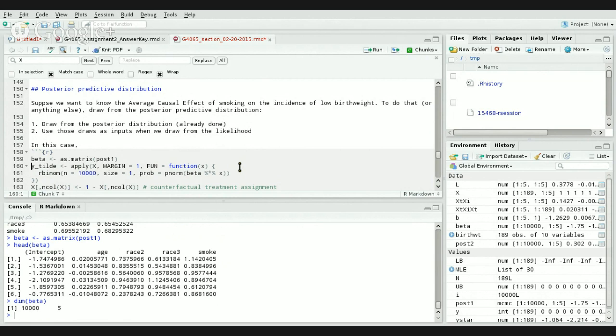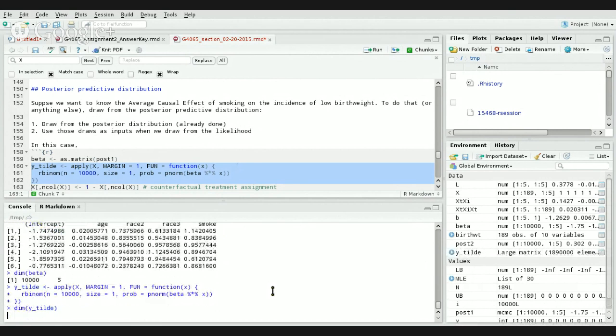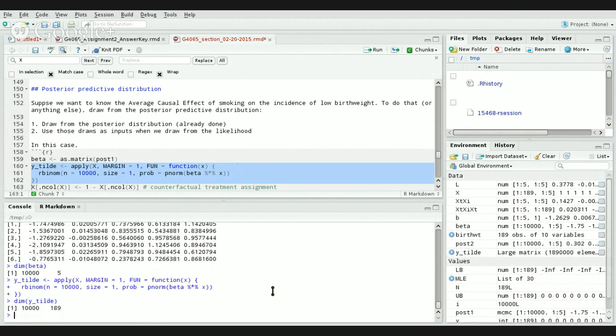So if we send that into R, we get a y tilde that makes sense. So 10,000 draws from the posterior predictive distribution for each one of our 189 observations that we have in the sample. We're drawing from its posterior predictive distribution.